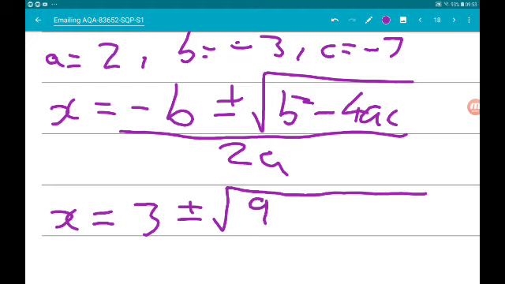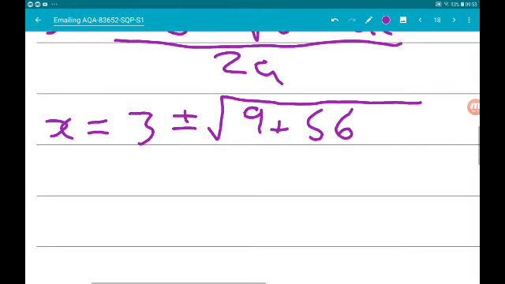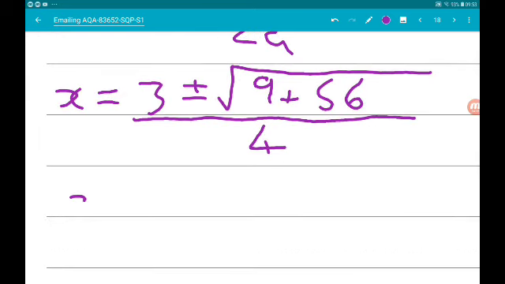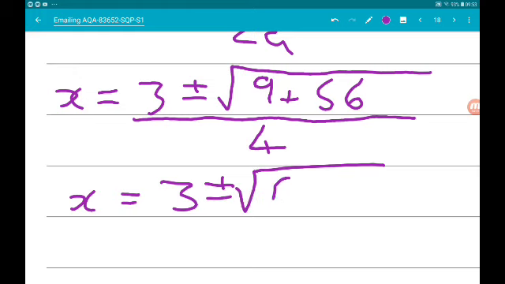Now, minus 4 times 2 is minus 8, times minus 7 is positive 56. And then 2a, 2 times 2, which is 4. So, x is 3 plus or minus root 65 all over 4.